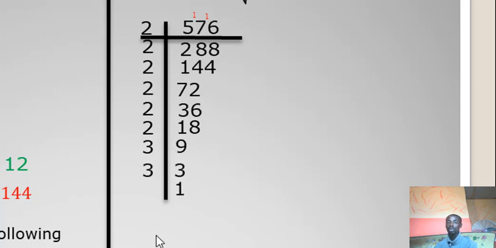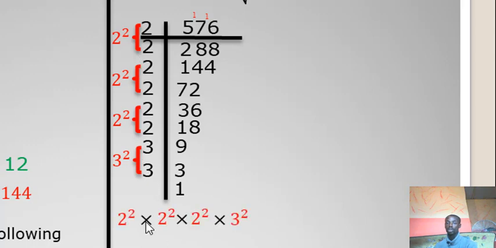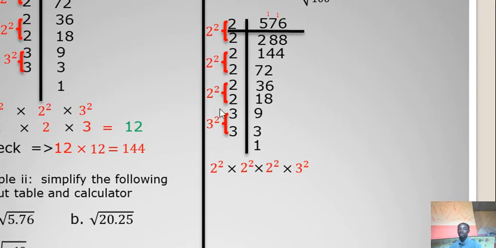Now we pair up. Writing them out, we have 2 squared multiplied by 2 squared multiplied by 2 squared multiplied by 3 squared. So we write out each of them without the square. That's going to be 2 multiplied by 2 multiplied by 2 multiplied by 3.